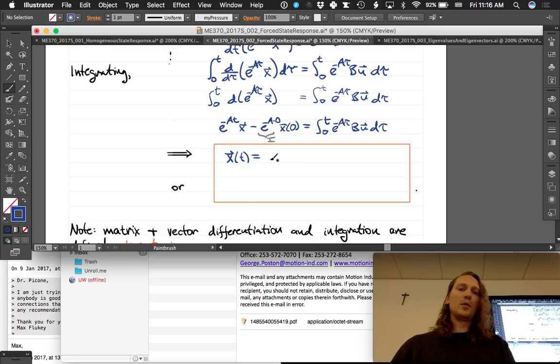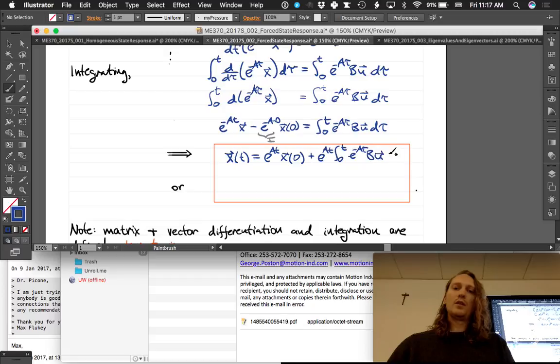x of t equals e to the A t x of 0. And then there's going to be another term. So plus e to the A t times the integral from 0 to t of e to the minus A tau B u d tau.